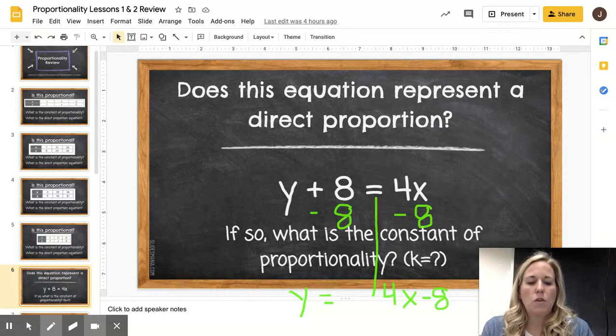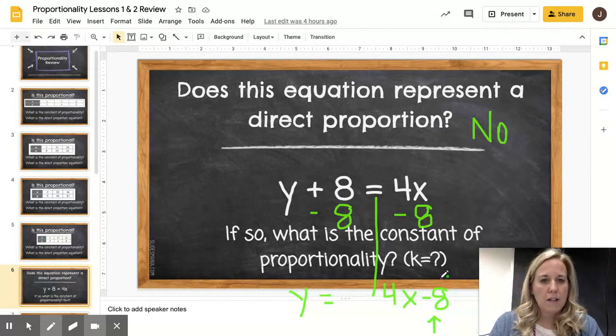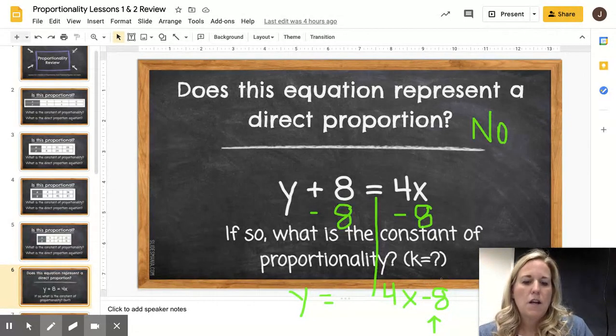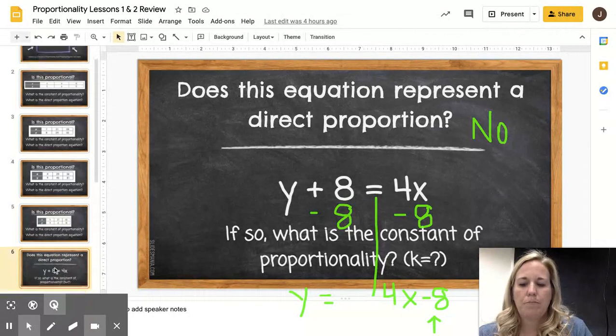Remember in the video that we learned yesterday, if there's any addition or subtraction at the end of my equation, then I would say, no, it's not proportional. That means next year when you graph, it's telling you that the line is going to cross through -8 on the y-axis. We want it to be 0, so we don't want anything there at the end. So this does not represent a proportional relationship.